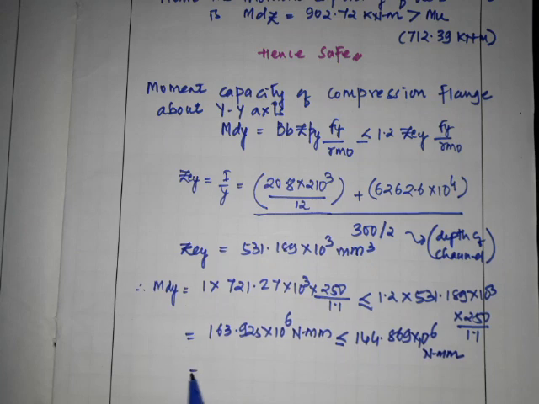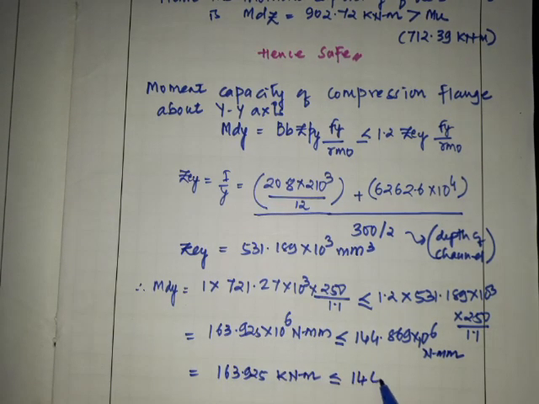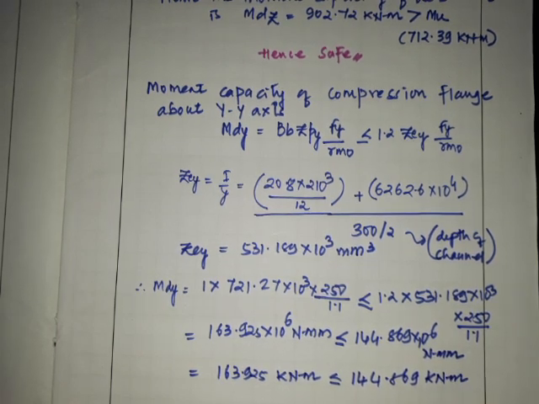Okay, so this will be 163.925 kilonewton meter less than or equal to 144.869 kilonewton meter.